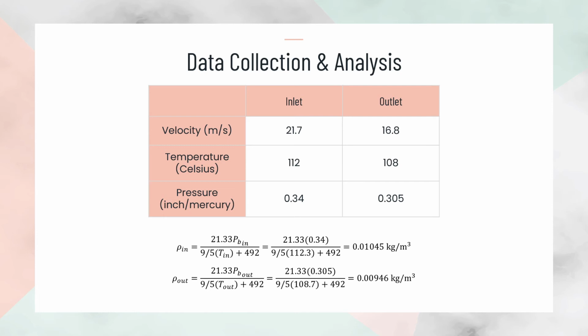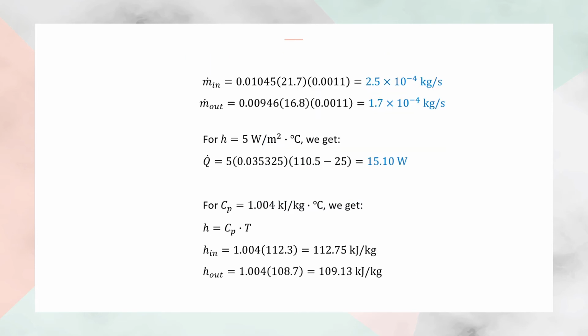Then we input it into the mass flow rate formula, which is rho times V times A, and we end up with a mass flow rate in of 2.5 times 10 to the power of minus 4 kilograms per second, and a mass flow rate out of 1.7 times 10 to the power of minus 4 kilograms per second.